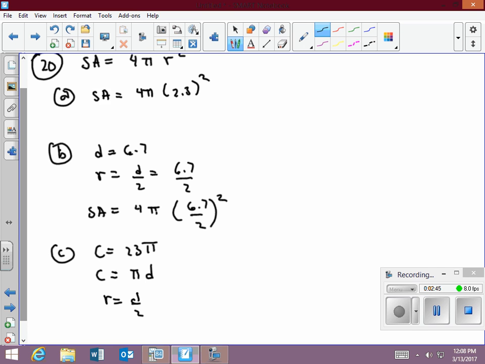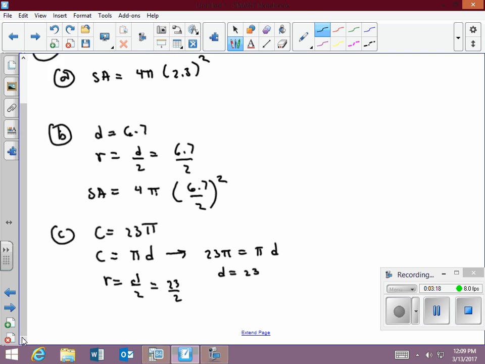So you have to use this one to calculate the diameter. So your circumference, 23 pi, equals pi times the diameter. So the diameter would equal 23, and the radius would be 23 over 2.